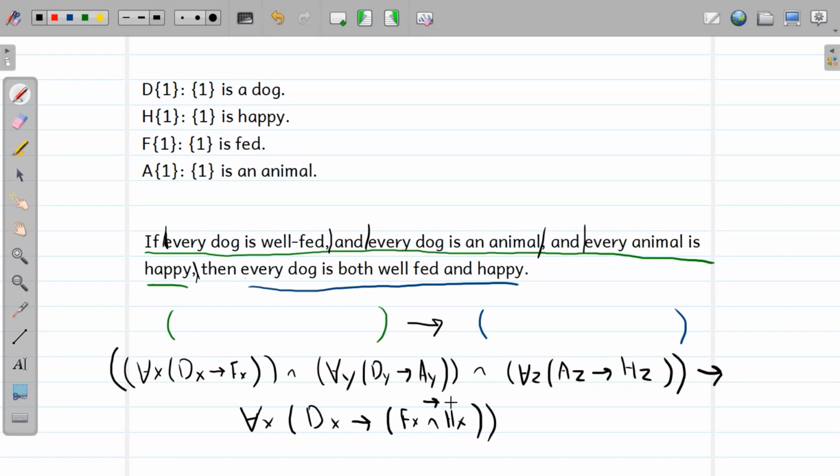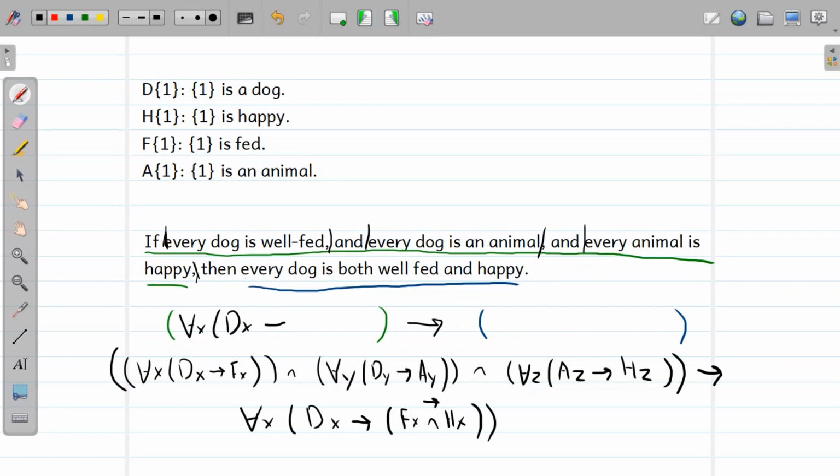This is kind of going back to her point. In the antecedent of this one, in which way would the truth value come out differently if you had for all x, if dx, then fx, and, I guess it's ay here, but ax. So everything that was a dog is well-fed and is an animal. Good. Actually, I think the question is, why can't we do the following? Tell me if this is what you're thinking.